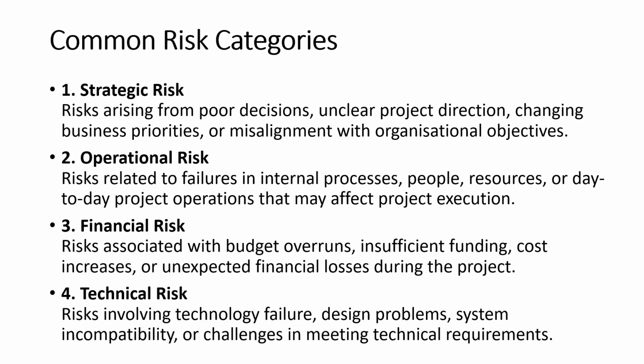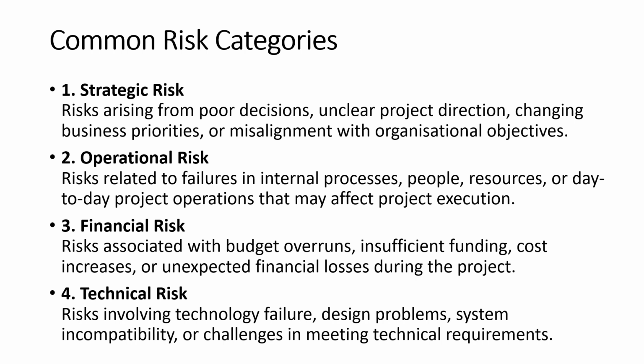The second is operational risks. These risks are related to internal processes, people, resources, and daily operations. For example, breakdown in communication, resource shortages, or weak coordination can affect how the project is executed. The third is financial risk.